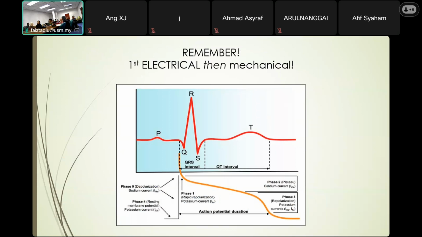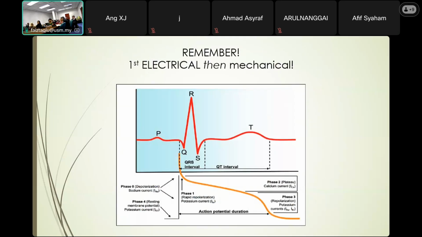It's always one of the favorite questions. They like to use superimposition to test your understanding: this is a cardiac action potential with the ECG, what happened? That means you have to draw one and then correlate it with the other and explain how they relate, because events don't occur in silos. They reflect on each other.